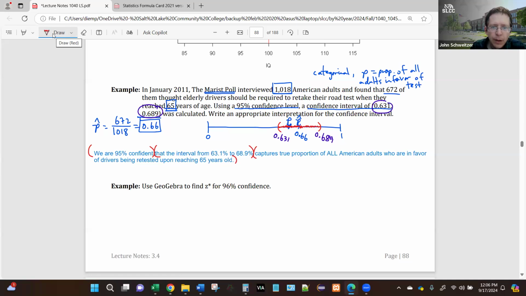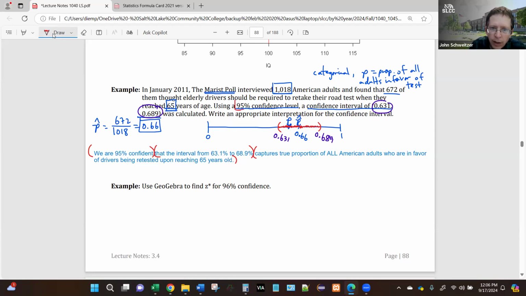What do you guys think? Okay, so I encourage you, if you follow politics at all, especially if you read polls, go look at the fine print of the next poll you see for the election, and they probably will have a confidence interval for you.